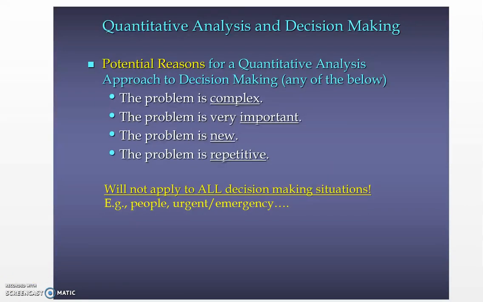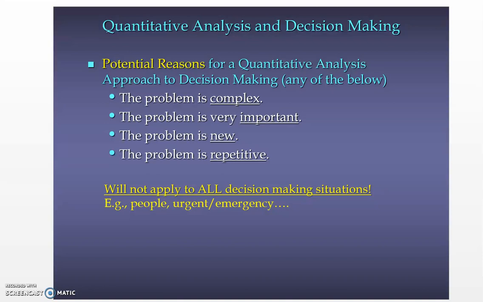Now, there are a lot of good reasons to do a quantitative analysis of these things. If we have something that's very complex, with a lot of variables involved, where in our human mind we can only handle a couple of variables at a time, then maybe doing a quantitative approach and expressing it mathematically would be useful.